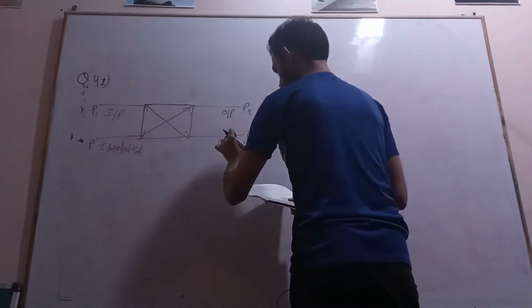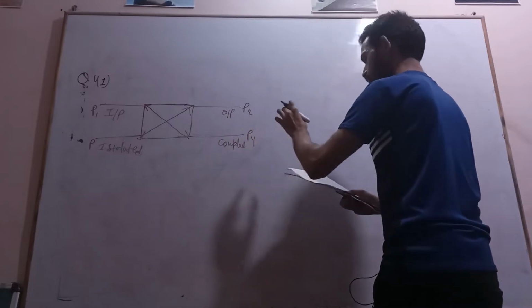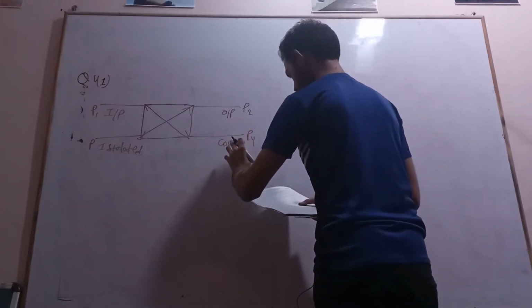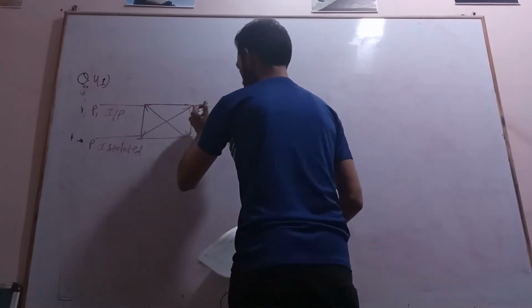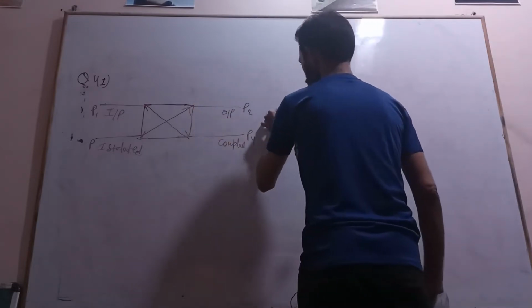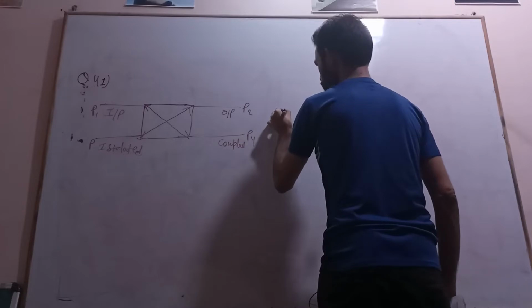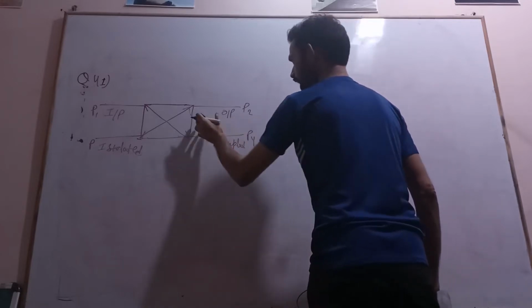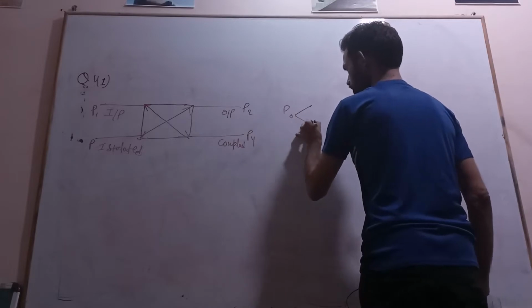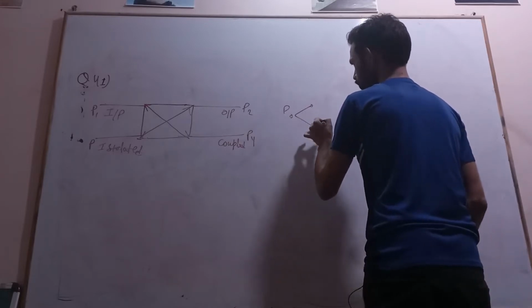The coupler has a 4 is to 1 power splitting ratio. So if you see the output side, the power is splitting in a 4 is to 1 ratio.